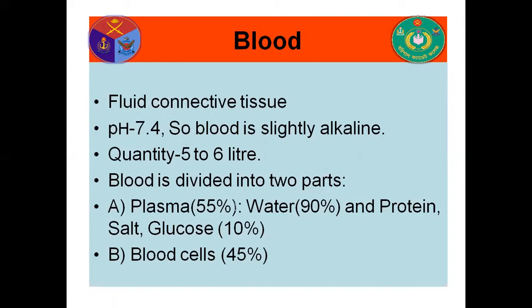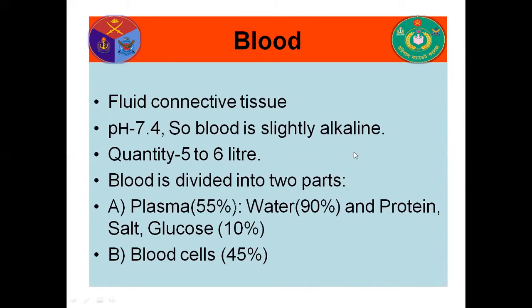So, blood is slightly alkaline. Actually, we know on the pH scale 0 to 6.9 is acidic, 7 is neutral, and a pH value greater than 7 is basic or alkaline. So its pH value is greater than 7, so it is alkaline or basic.